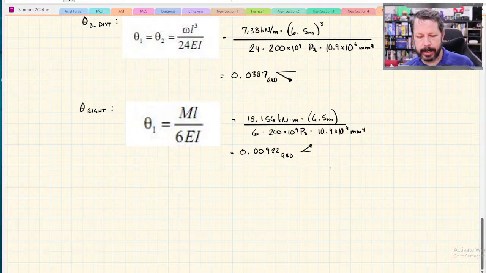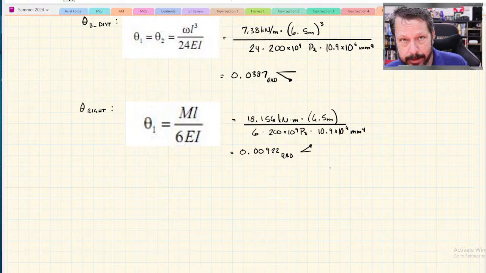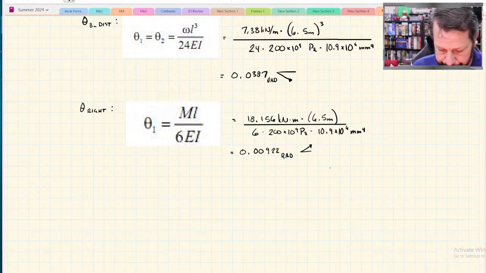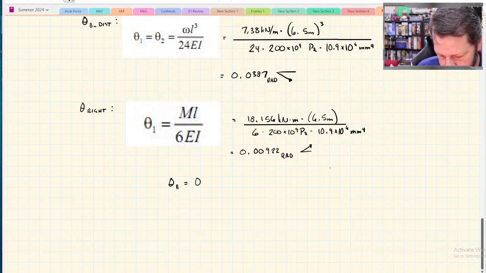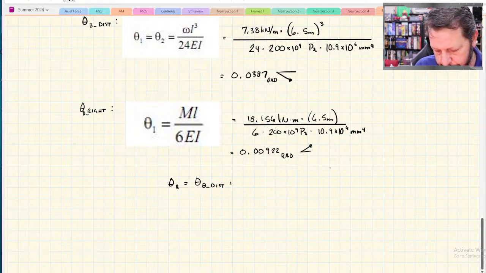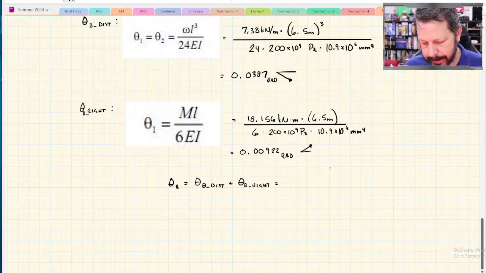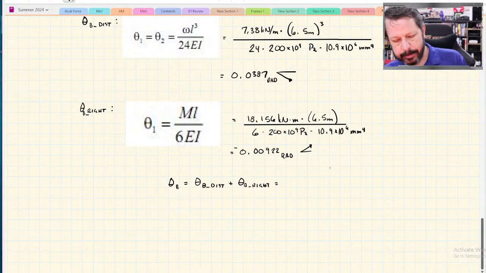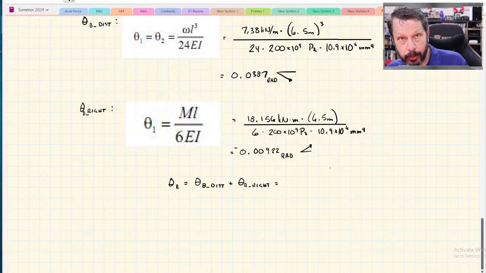So they're the opposite sign. I assume in WebWork they just want a positive number, like a magnitude. We'll look and see what the instructions say, but theta at B will equal what I called theta at B from the right-hand side, and then plus theta at B from the point load on the right end. Recognizing that one of those is negative, I'll give the theta from the point load as a negative.